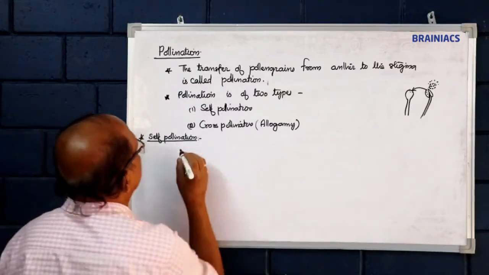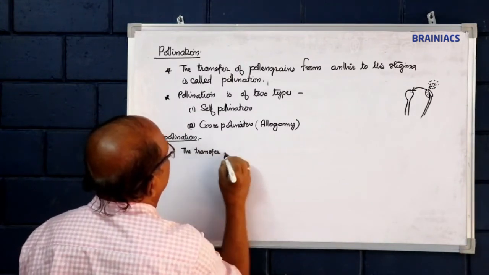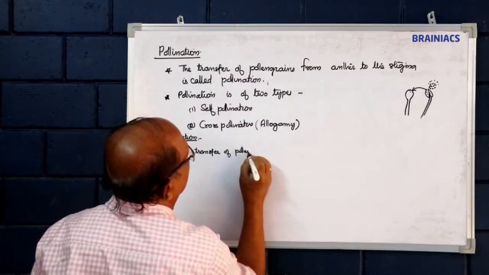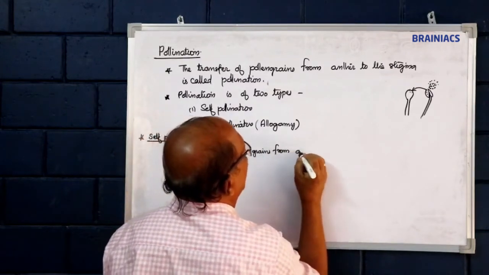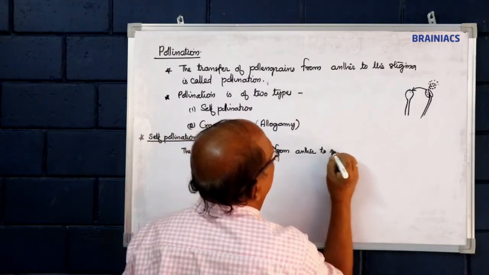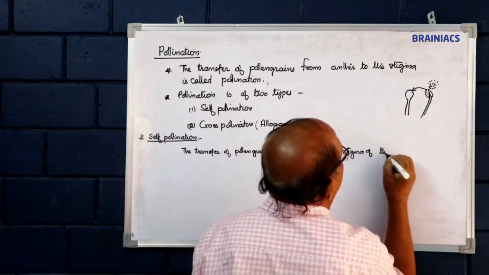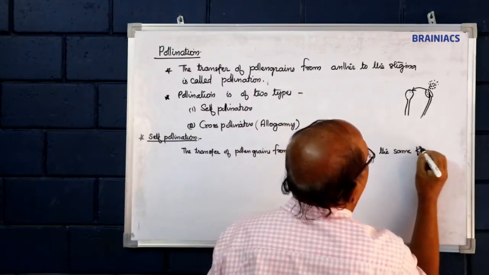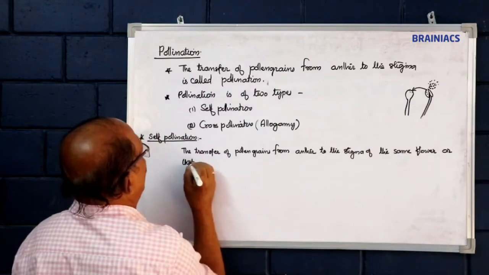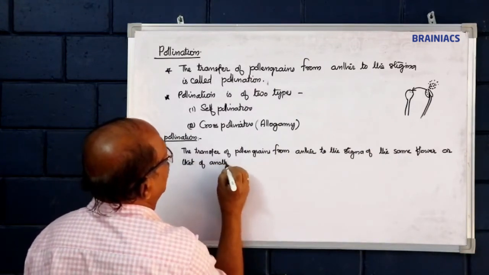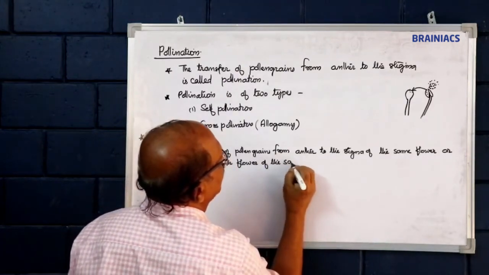Self-pollination: the transfer of pollen grains from anther to the stigma of the same flower or the stigma of another flower of the same plant.